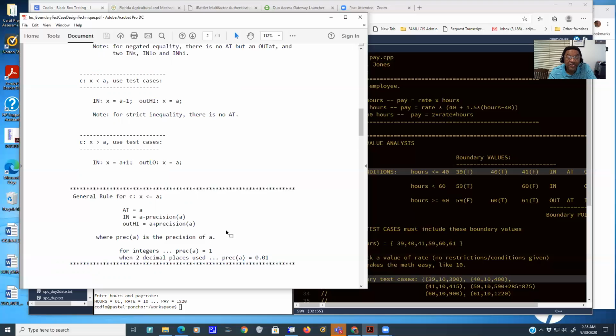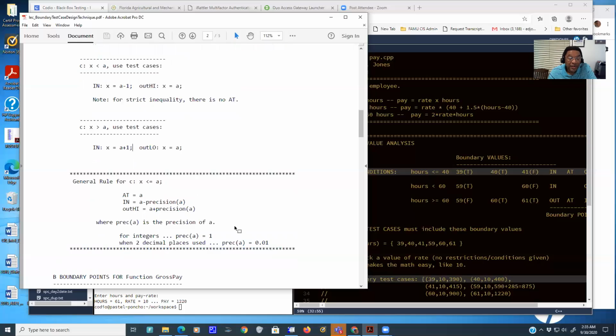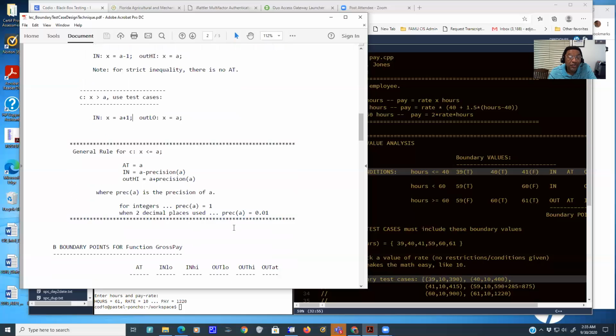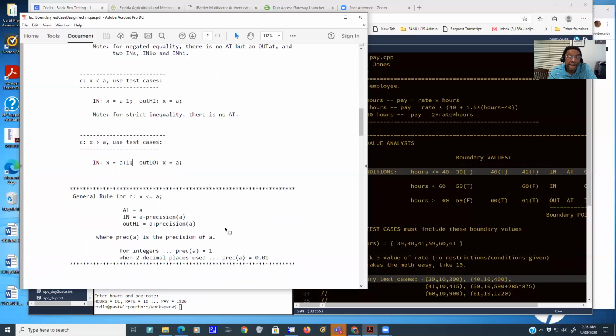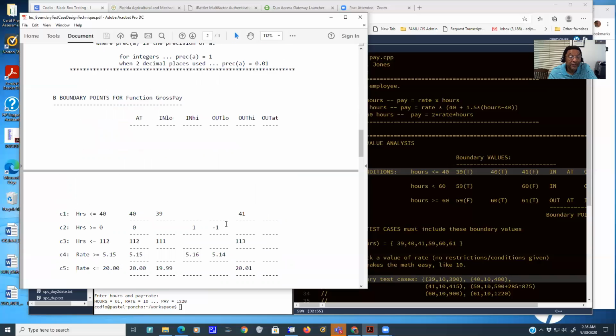And that translates to 1 over 10 squared, which is 1/100th. So when you're dealing with floats, you have to be careful when you build up your boundary values. You have to say the number plus 0.01, the number minus 0.01. So it would be 5.00, 4.99, 5.01. Okay? That's the only difference.